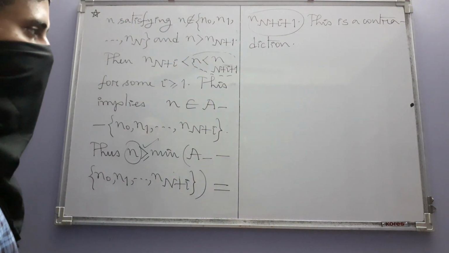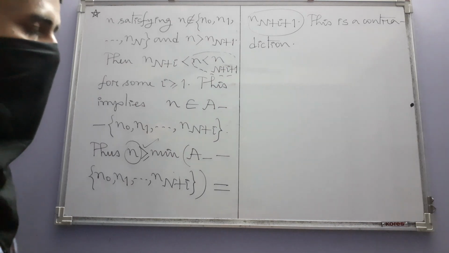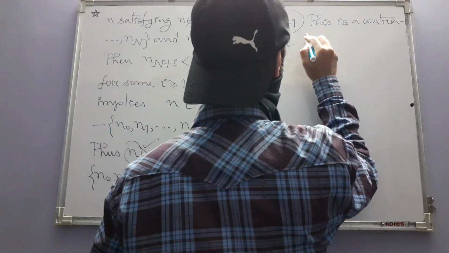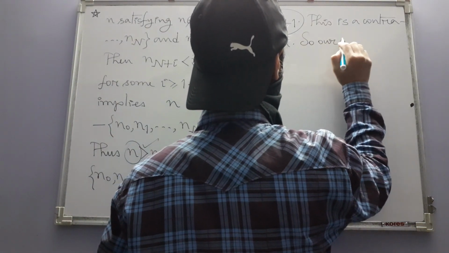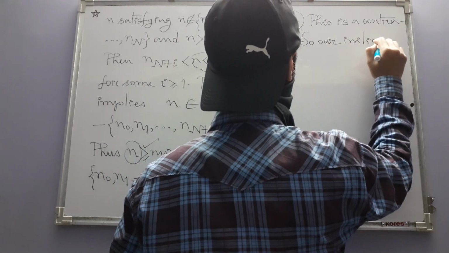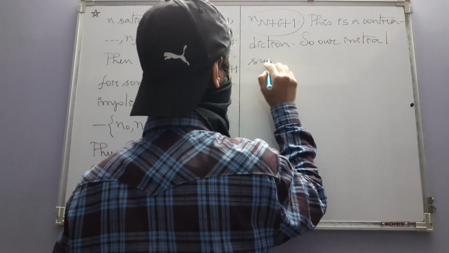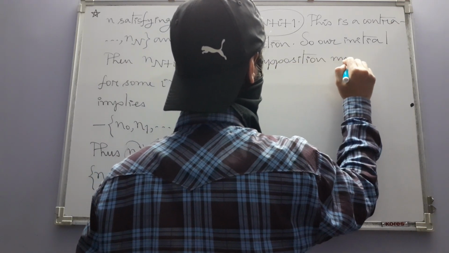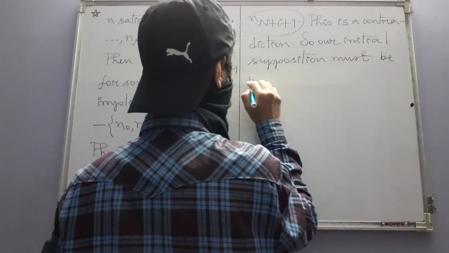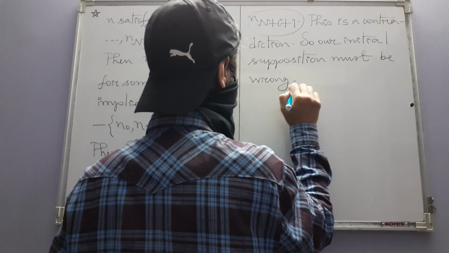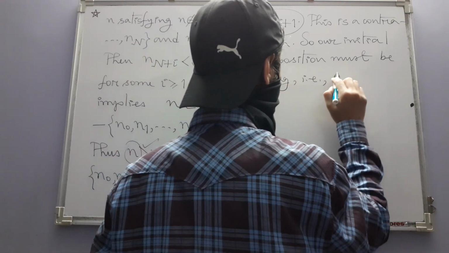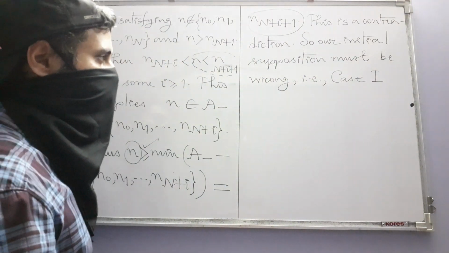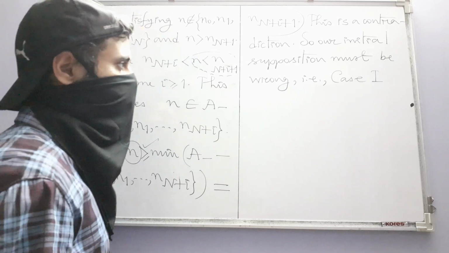And to get rid of this contradiction, we have to conclude that our first supposition must be wrong. So our initial supposition must be wrong, that is, our supposition was that case 1 occurs only finitely many times, which cannot be true.